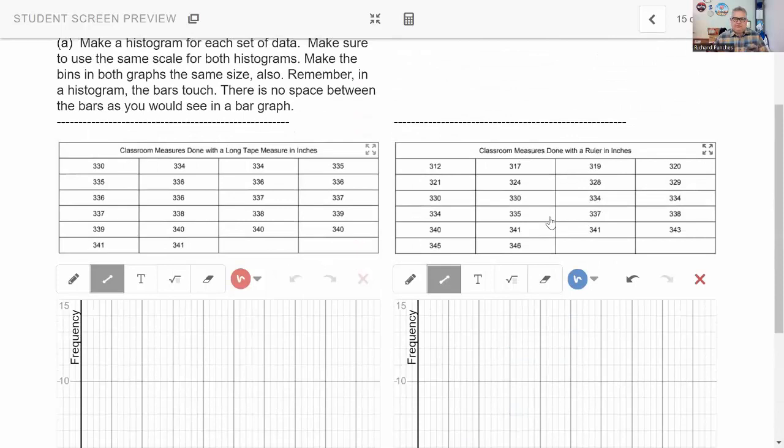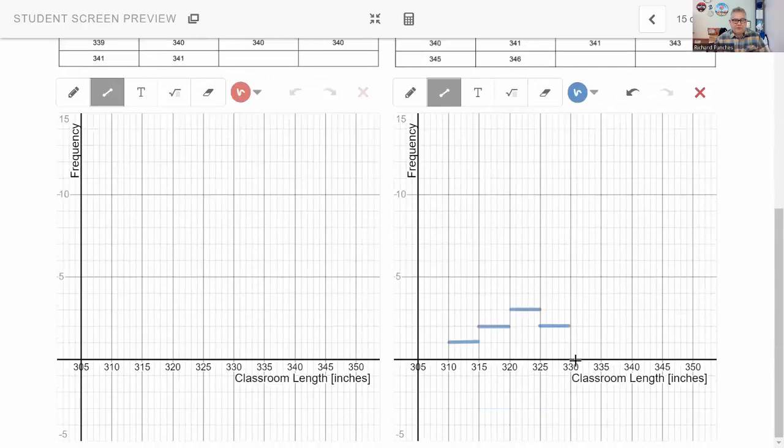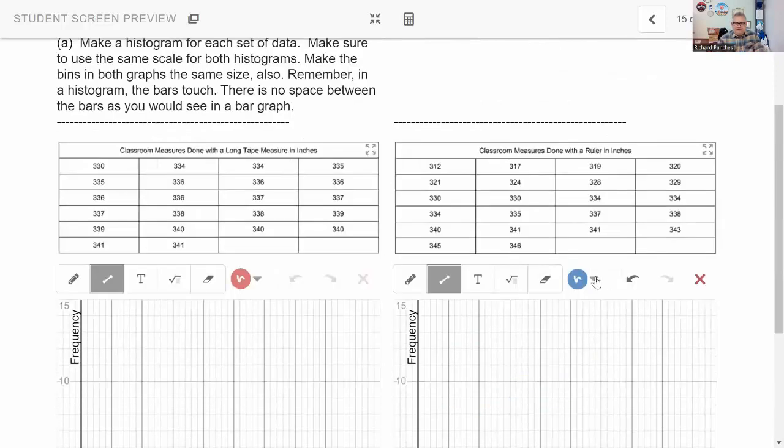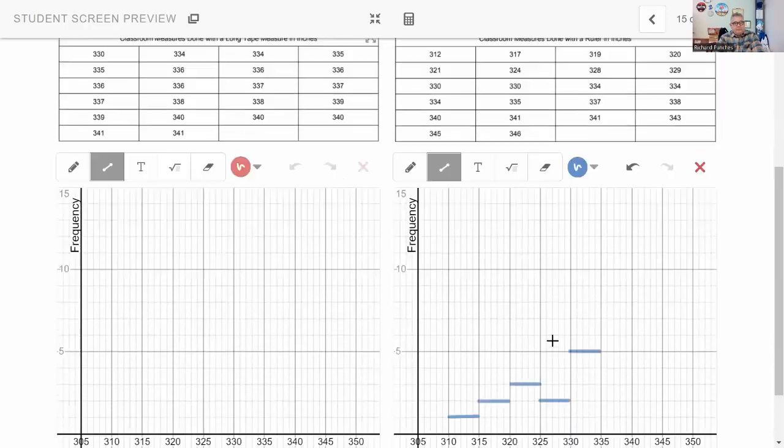And then from 330 to 335 would be 1, 2, 3, 4, 5, 5, because we don't count that one. So I need a 5 bar in here. And then from 335 to 340, 1, 2, 3, I need a 3 bar.